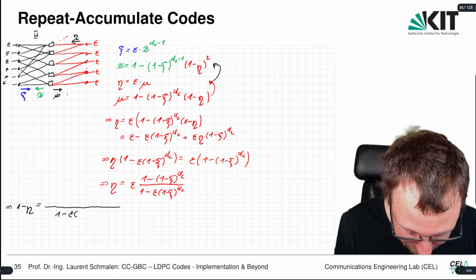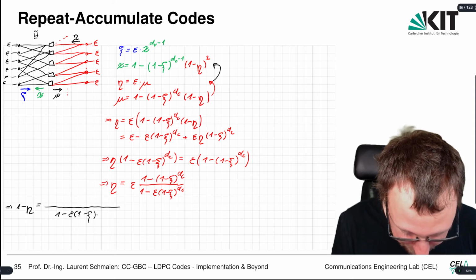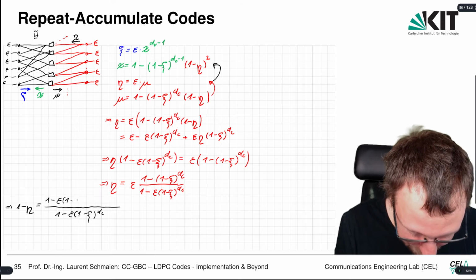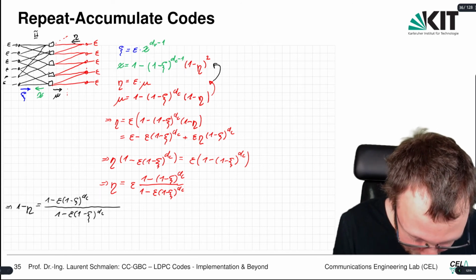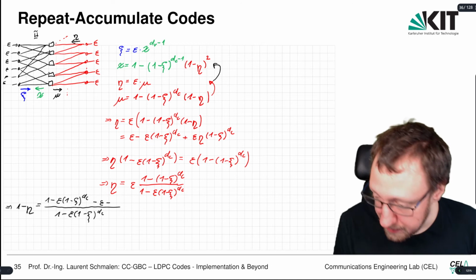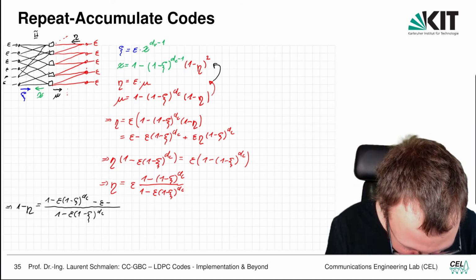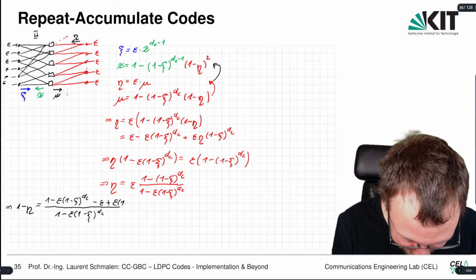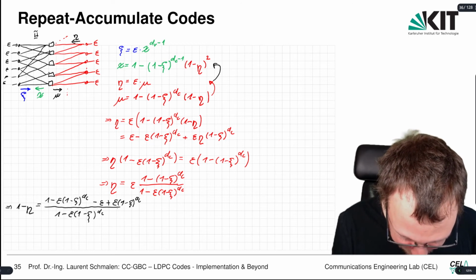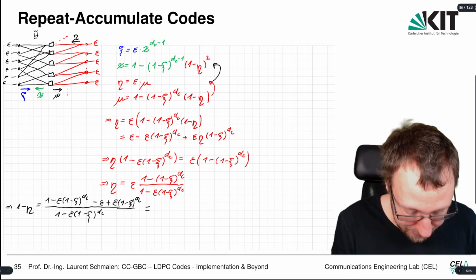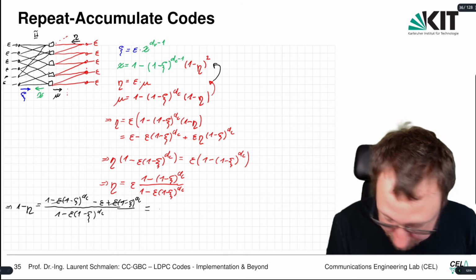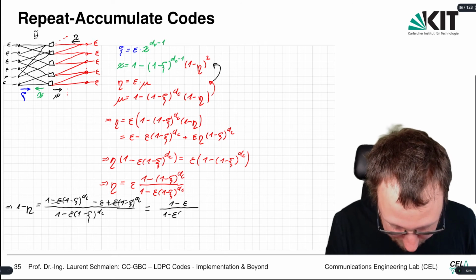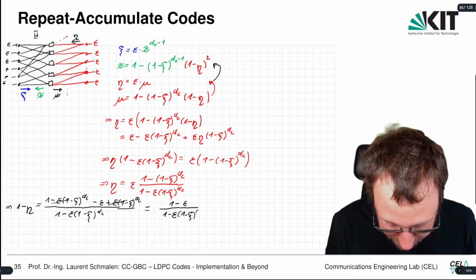So it's (1 minus epsilon (1 minus x_c)^dc) minus epsilon (1 minus x_c)^dc, with the terms cancelling, so it's equal to (1 minus epsilon) divided by (1 minus epsilon (1 minus x_c)^dc).